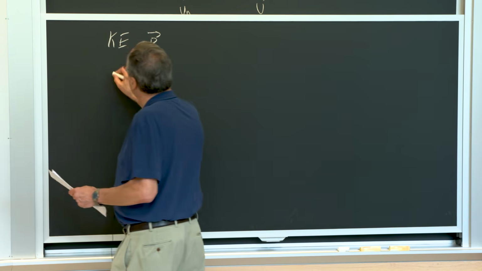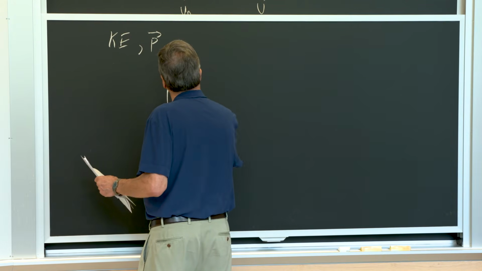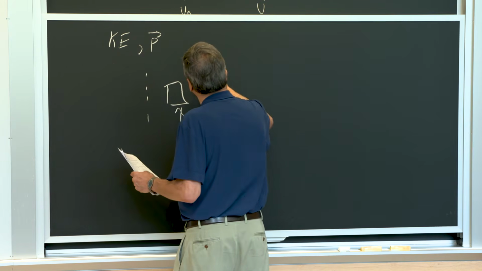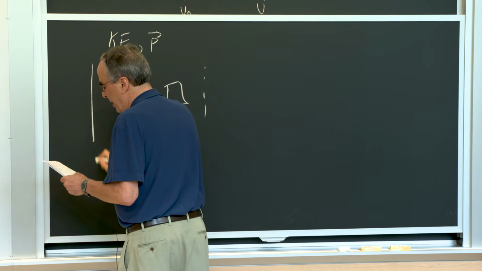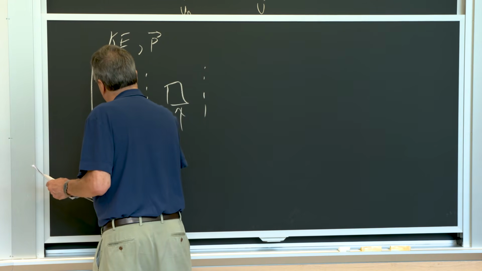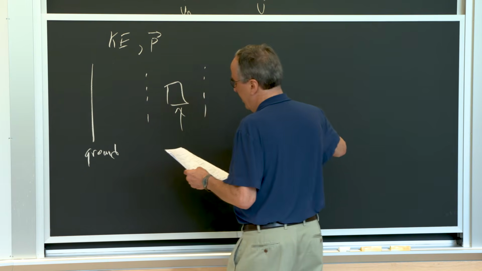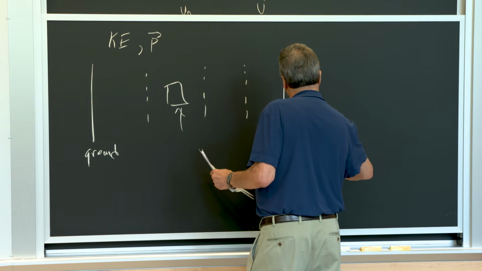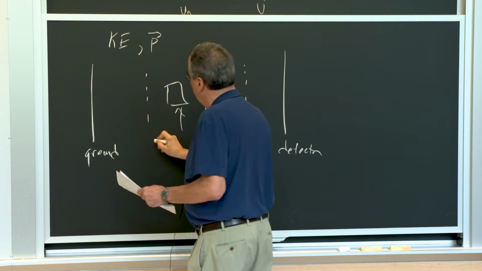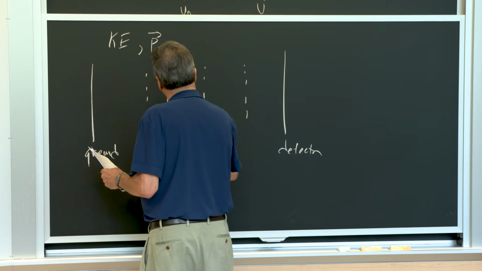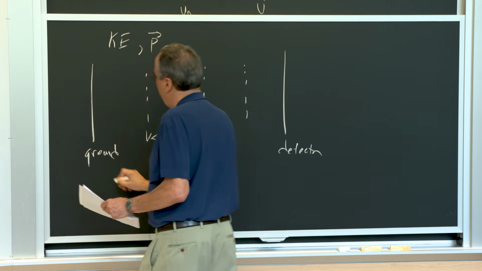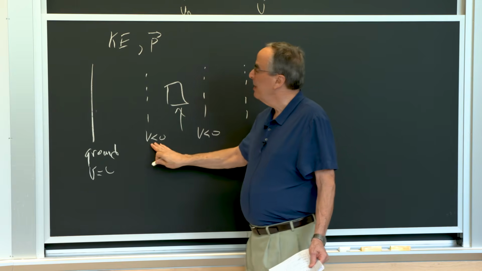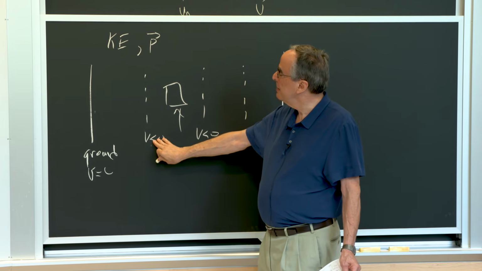Okay, and so we can imagine an apparatus like this. Here is our metal, and here's the light impinging on the metal. And we have grids. We have a ground, and another grid and a detector. At ground, the voltage is 0. Here we have a voltage less than 0.